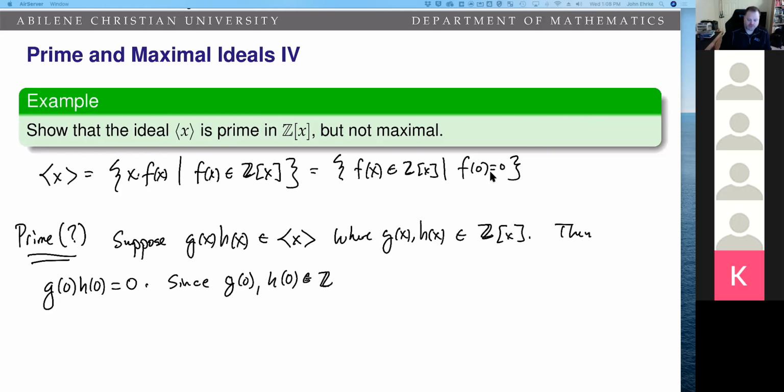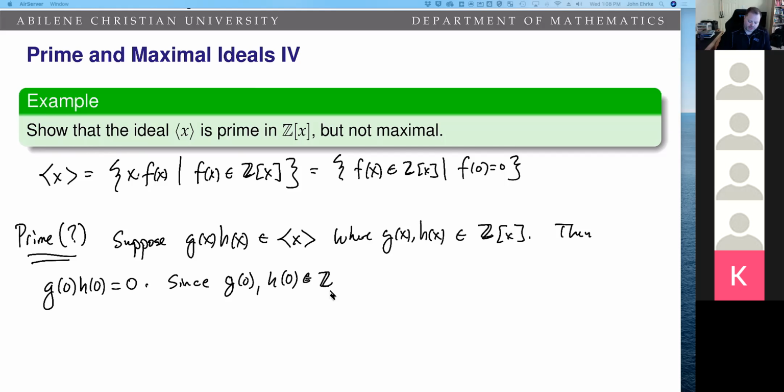Since these are both integers, what can we say about the product of two things giving 0 in the integers? The integers are an integral domain, right? We've looked at that before. Since the integers are an integral domain, that means they have no zero divisors. So if you have a product of two integers that's 0, then like Wyatt put in chat, one of them must be 0.